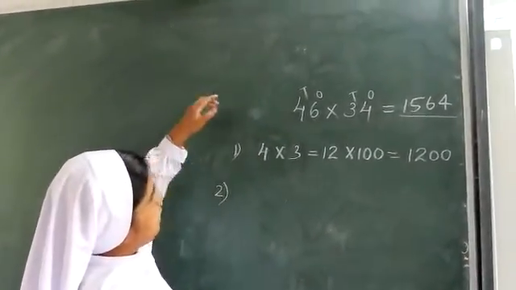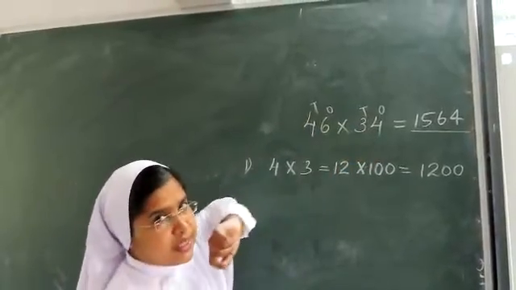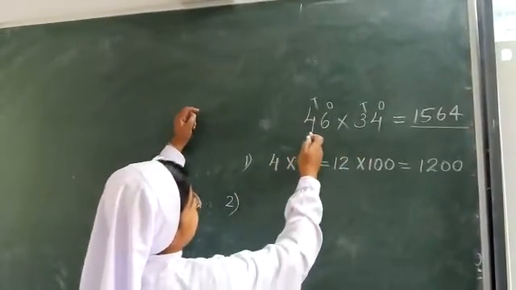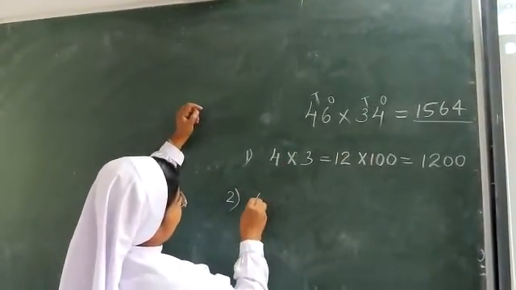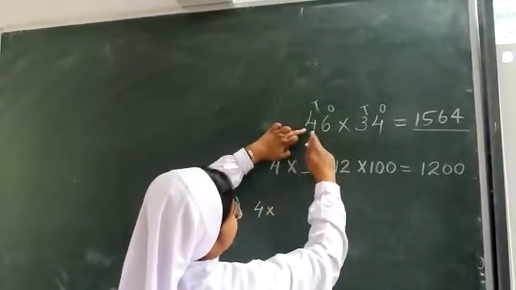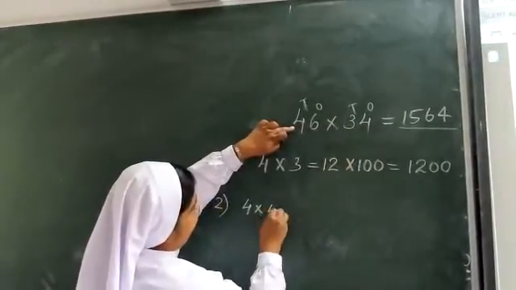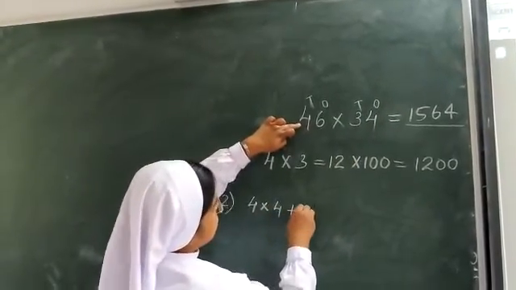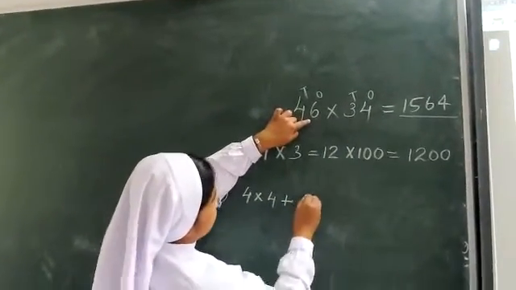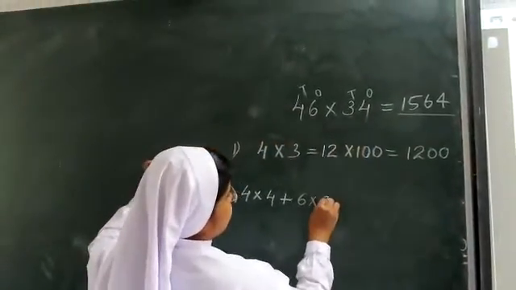The second step is one at the tens place and another one at the ones place. Now if we take the tens place 4 into, here it is the tens place, so here you have to take the ones place 4, plus here at the ones place is 6 into the tens place 3.